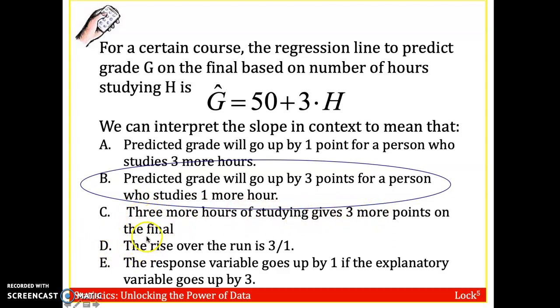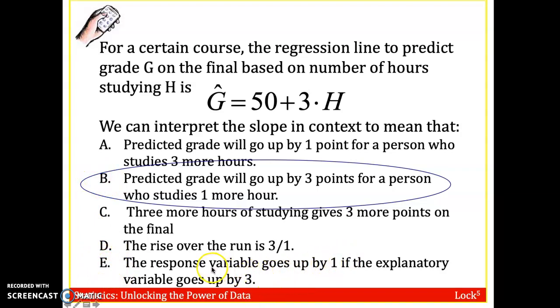D is also correct. The rise over run is 3 over 1. If you think about the slope, that is the definition of the slope, but I'm going to be focusing more on interpreting. How do you interpret what the slope means? Even though D is correct, B is the better interpretation. And E would be correct if you switch the 3 and the 1.